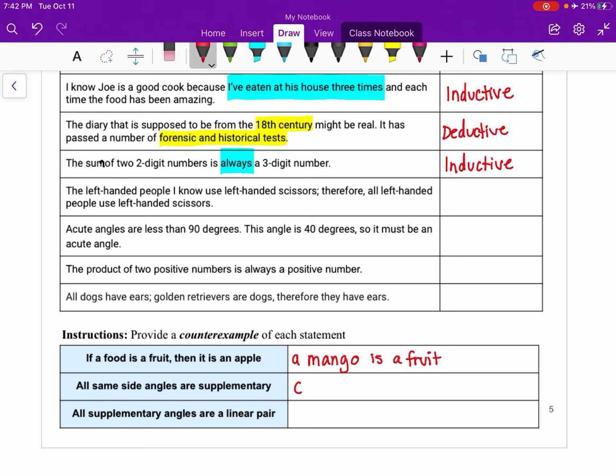Those type of angles are called corresponding angles. And our counterexample would say that corresponding angles are congruent, not supplementary. You can now pause the video to try out the third statement on your own.